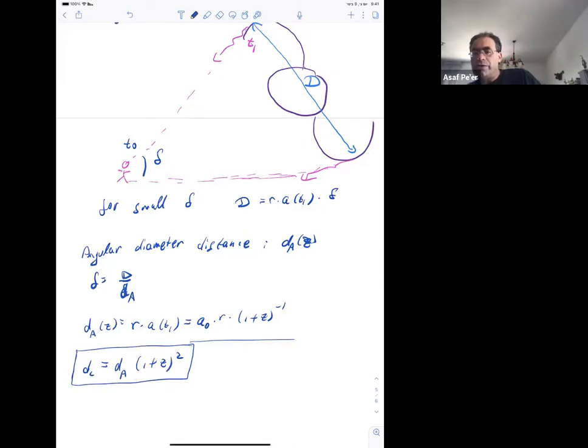So we can try to measure distances to galaxies in two different ways. We get two different results, and there is no right or wrong here. It's just the method that we're using. For nearby galaxies, it doesn't matter that much because Z is very small. It becomes important for the cosmic microwave background, which is quite far.